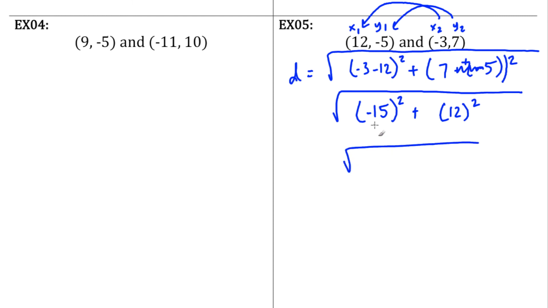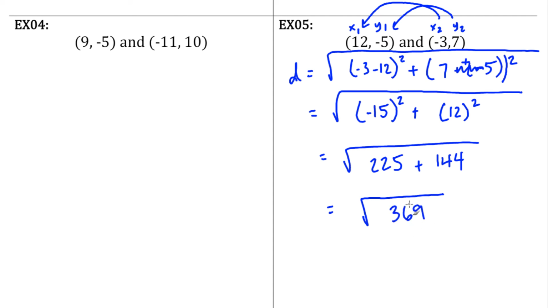And negative 15 squared is positive 225, and 12 times 12 is 144. Which gives us 369.